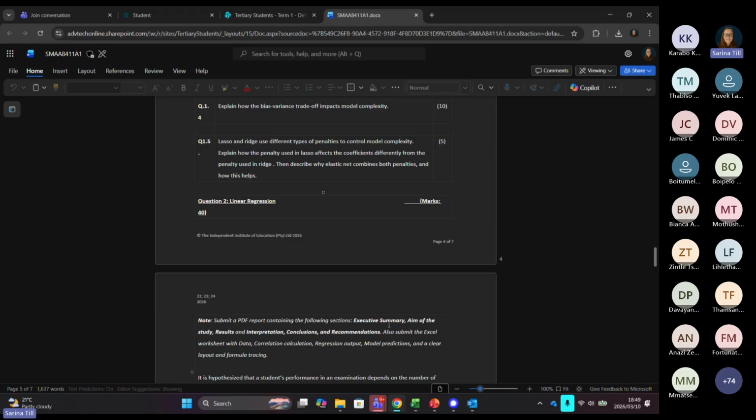Then just end off with your conclusion saying, because we have an R squared of 100%, we can categorically tell you that this model can describe all the variance, like how does Y change, the pass likelihood or the pass mark, if we change the variables for hours studied and past exam papers.